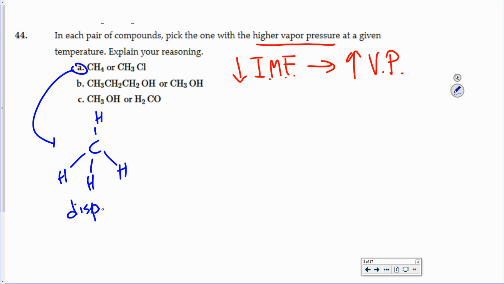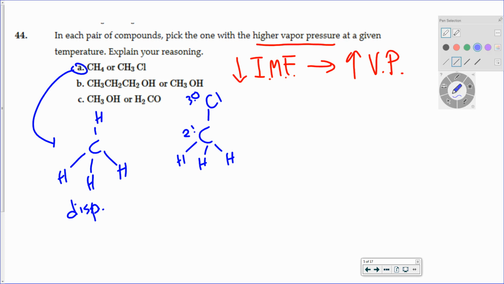But if I look at its cousin here, it's also tetrahedral, but it's not symmetric because they're not all the same atoms. One of the atoms is the chlorine, and the chlorine has an electronegativity of 3. Hydrogen's 2.1, so that causes it to have a dipole moment in this direction.